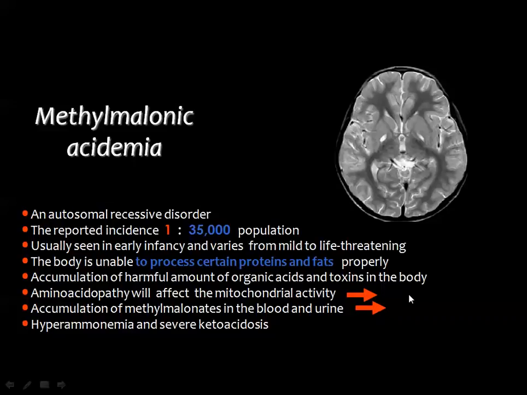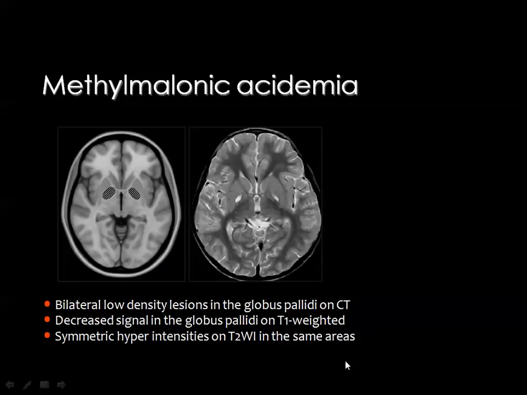This amino acidopathy will affect the mitochondrial activity, leading to accumulation of methylmalonates in the blood and urine, and this will result in hyperammonemia and severe ketoacidosis.